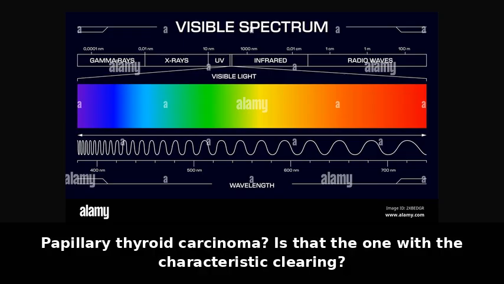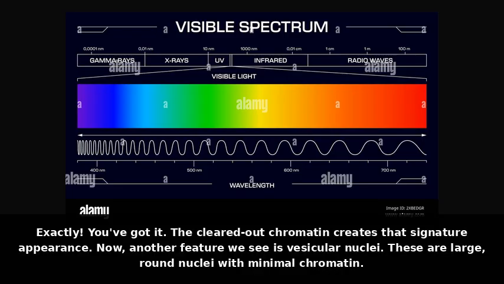Papillary thyroid carcinoma. Is that the one with the characteristic clearing? Exactly. So you've got it. The cleared out chromatin creates that signature appearance. Now, another feature we see is testicular nuclei. These are large round nuclei with minimal chromatin.